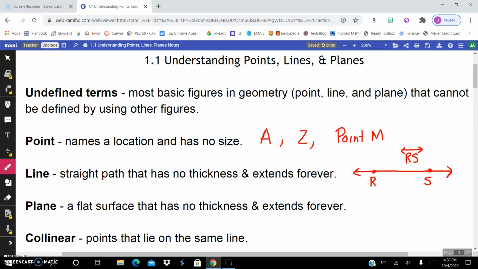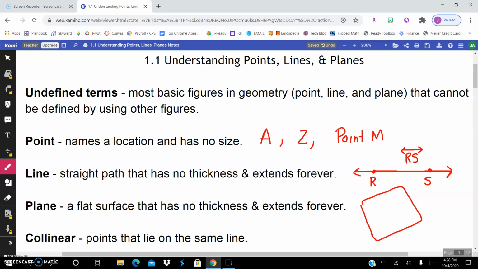Okay. A plane is a flat surface that has no thickness and extends forever. So kind of think about it as your piece of paper, but it extends on forever. It's your flat surface where your lines are, your points are, your segments, your rays, all of those things.